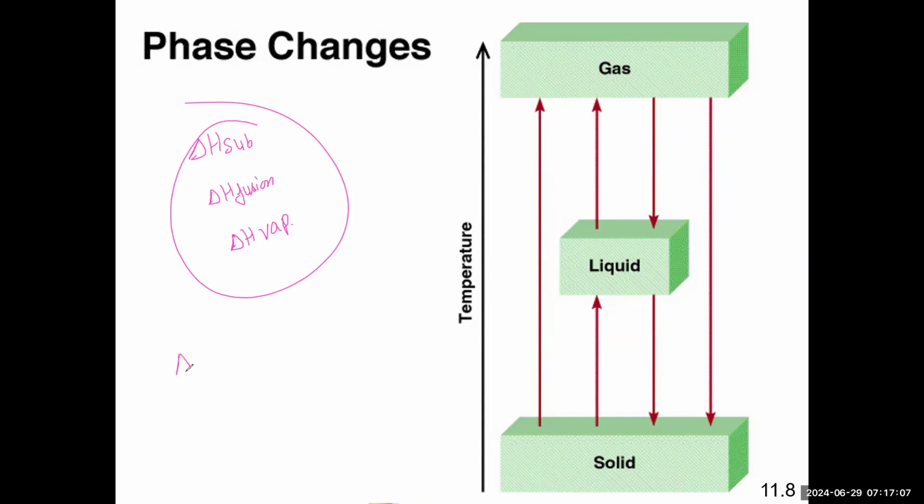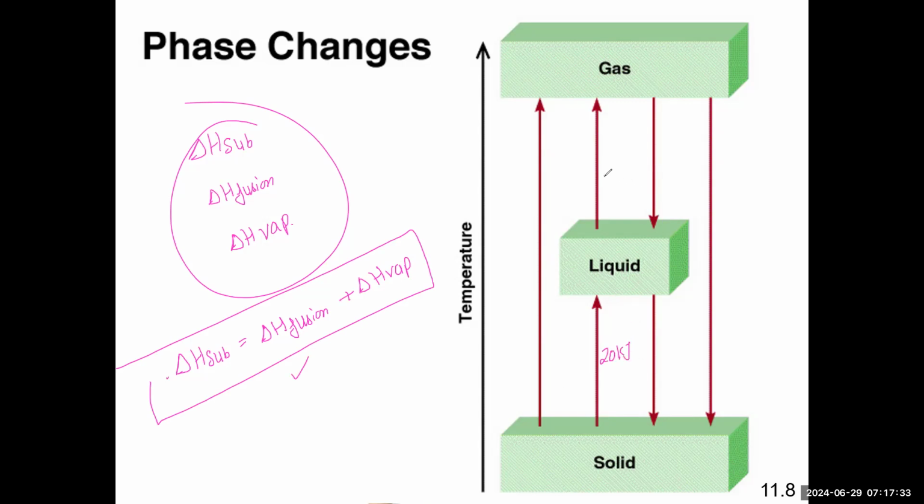Can I say delta H of sublimation is equal to the sum of the other two, because energy can neither be created nor destroyed? If fusion is 20 kilojoules and vaporization is 100 kilojoules, what's the sublimation energy?